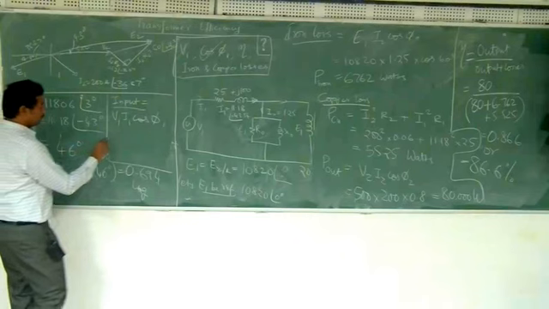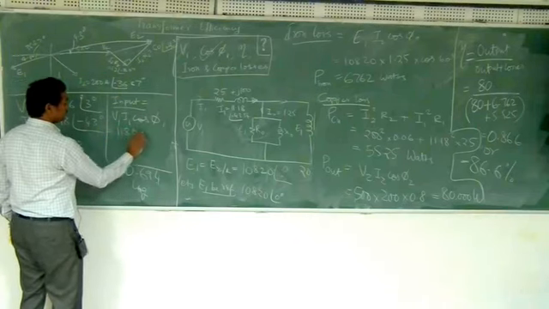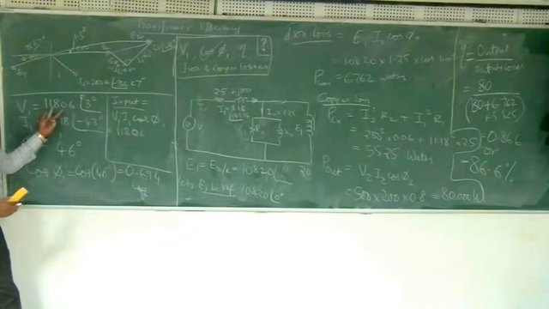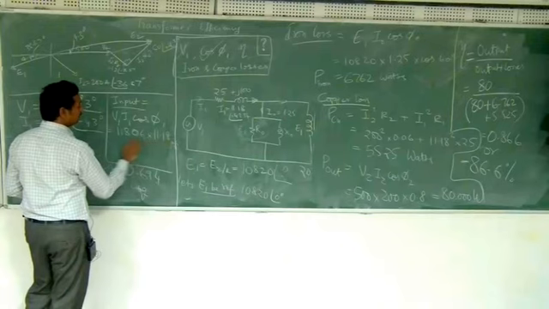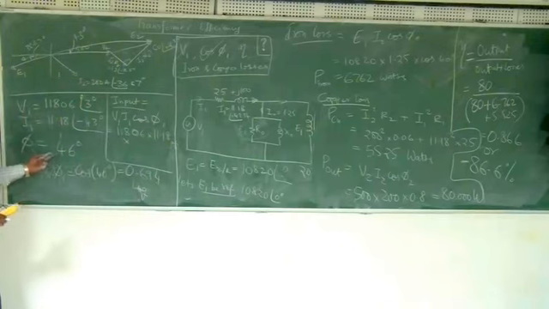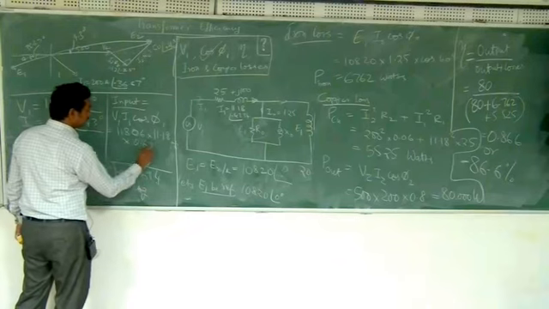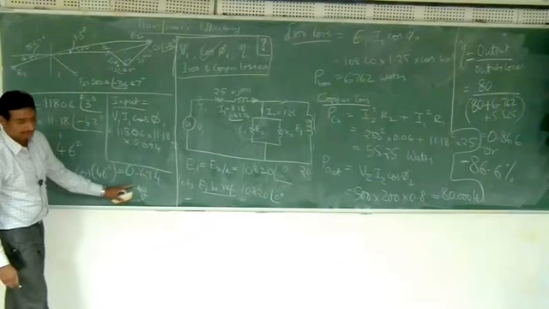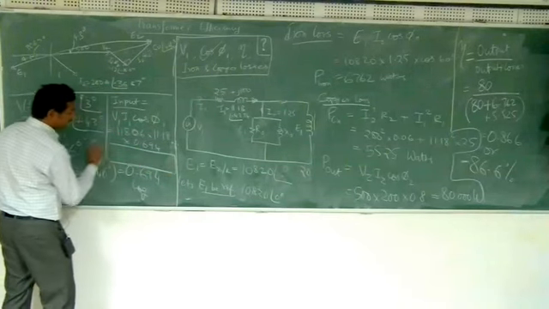V1 I know. How much is V1? 11806. What is I1? 11.18. And what is cos phi 1? Cos of 46, 0.694. We just calculated that. The product of these three numbers will give some input power.